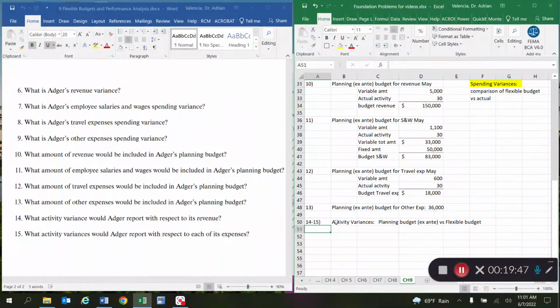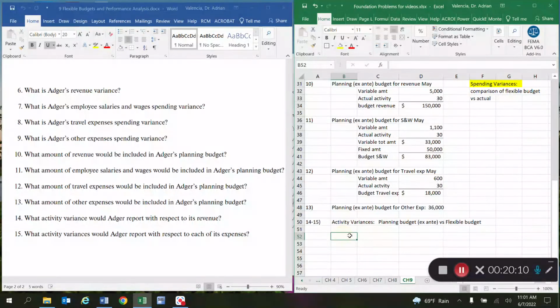The idea with this comparison is that any dollar amounts that differ here are not necessarily dealing with the fact that we spent less or more. It's more dealing with the fact that we sold more or less than what we originally planned. And that's why it's an activity variance.